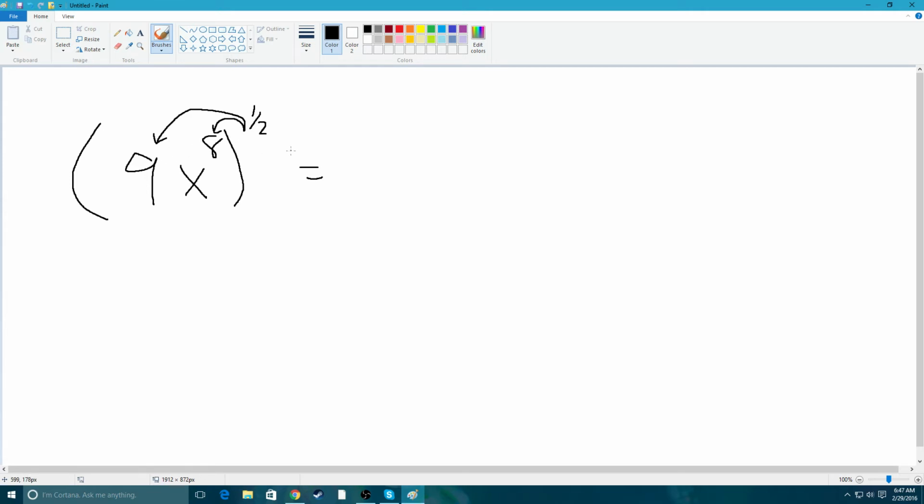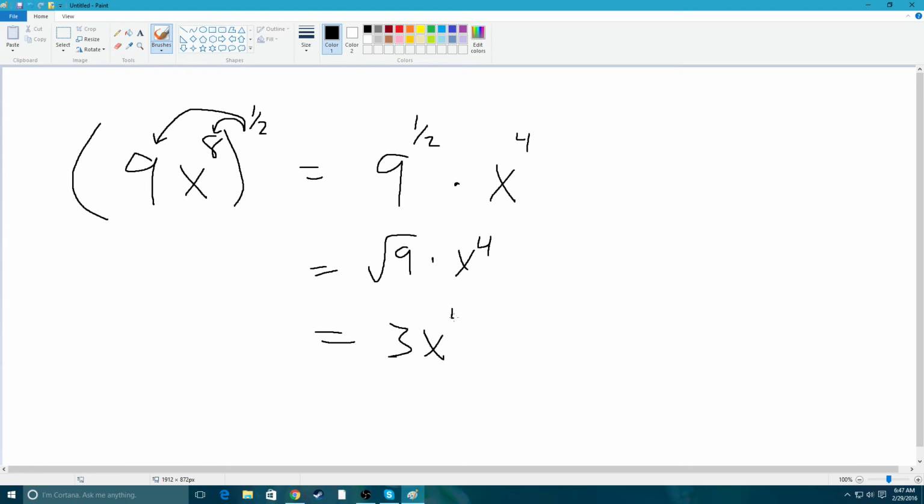That's what you guys keep forgetting. So this is 9 to the 1/2 times x to the 4th. And 9 to the 1/2 power is the same as the square root of 9, times x to the 4th, which is 3x to the 4th power.